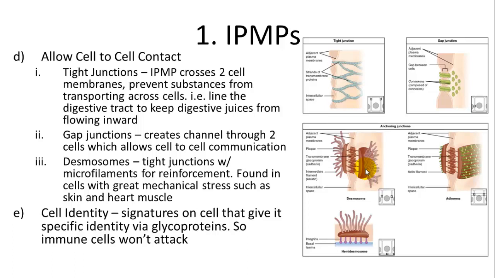They need extra support to keep those cells together, and so desmosomes or anchoring junctions would be for those. Integral plasma membrane proteins can also be for cell identity. So by looking at these different proteins, the immune system may then better be able to decide, all right, this is a liver cell, we will leave it alone, or this is an infected cell, we will try to remove it from the body.